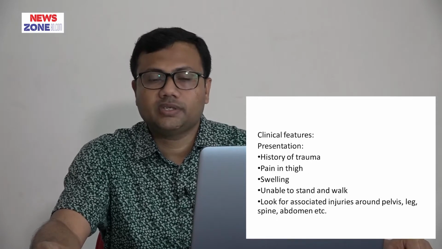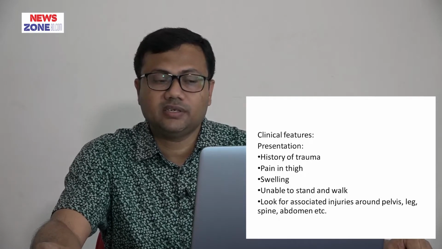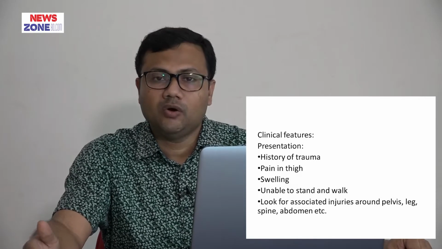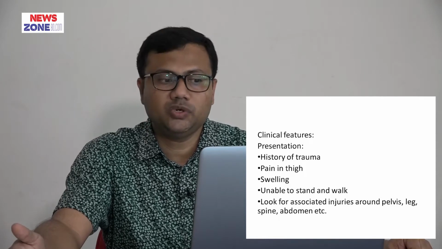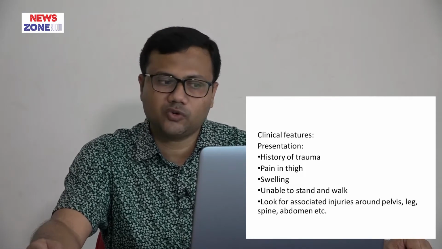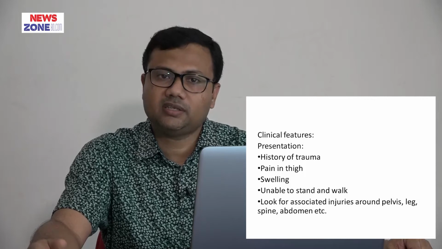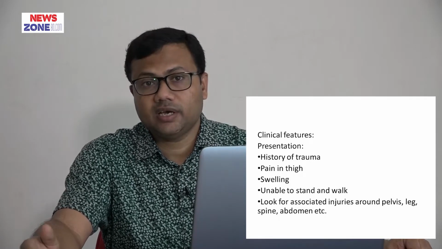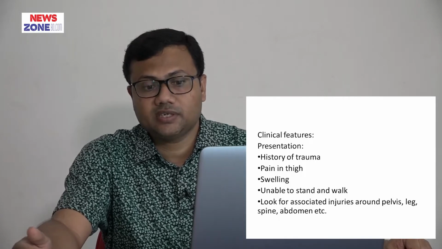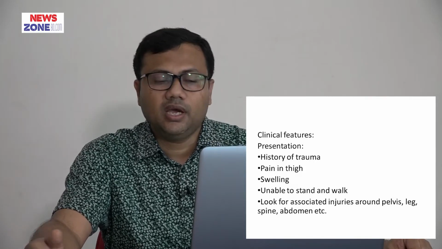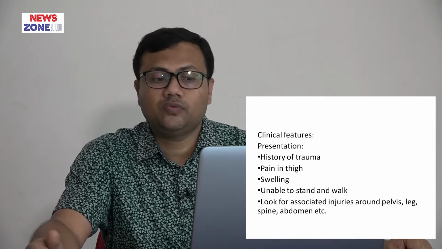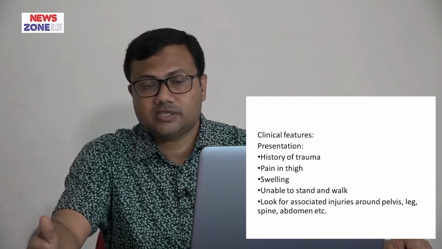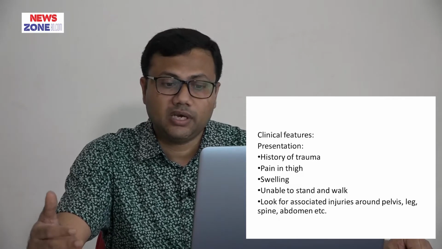Now, what are the clinical features we can find in case of patient with fracture shaft of femur? What will be the presentation? There will be a history of trauma, pain in the thigh, swelling, and the patient will be unable to stand and walk with the affected lower limb, and we should look for associated injuries to the pelvis, chest, abdomen and spine.